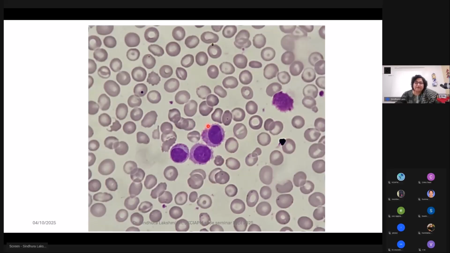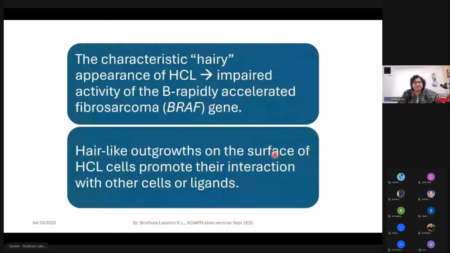Now, these hairy cells have circumferential projections. You see, they're all over the surface. Nice projections, and they are not polar. They are not located at one end or the other. They are circumferentially located. Now remember this point when we come to the differential diagnosis, we'll discuss this further. So the characteristic hairy appearance is because of the BRAF mutation.